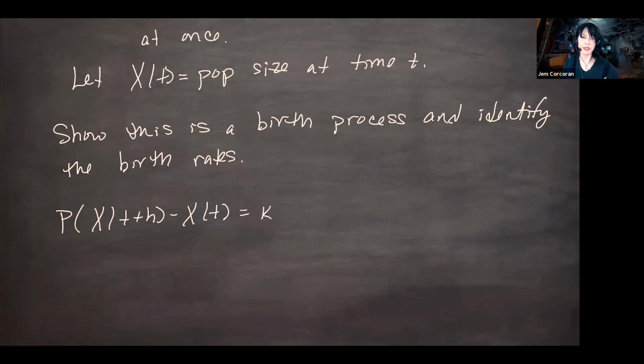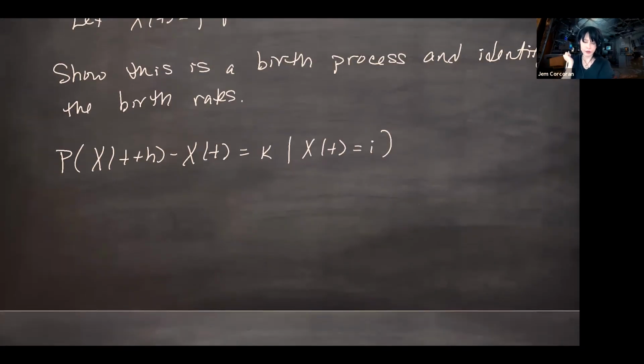So k here could be 0, 1, 2 on up, given the current population size is I. So the way this would be computed is out of the I individuals, you have to choose K. We're looking at such a small interval of time that no one individual can have multiple births. So this is really out of I individuals, you have to choose K in the population to give birth.